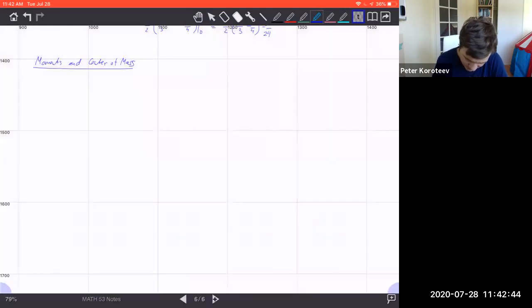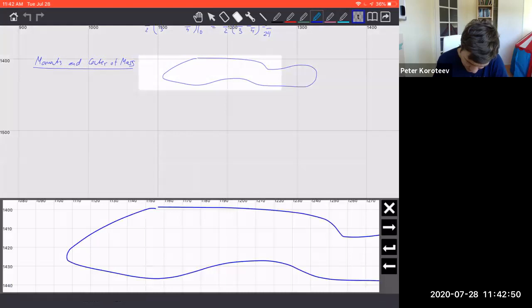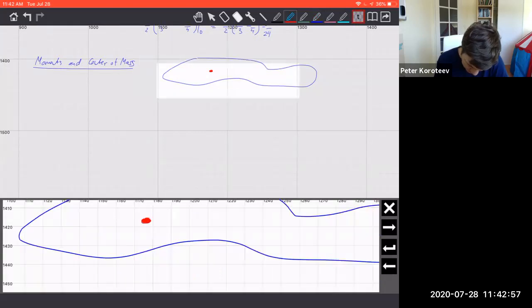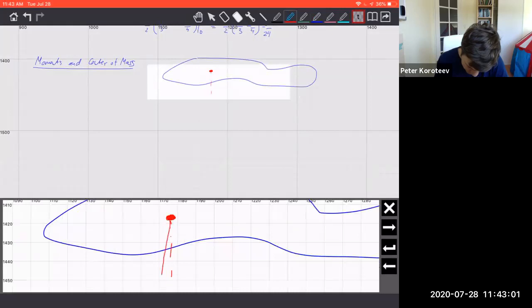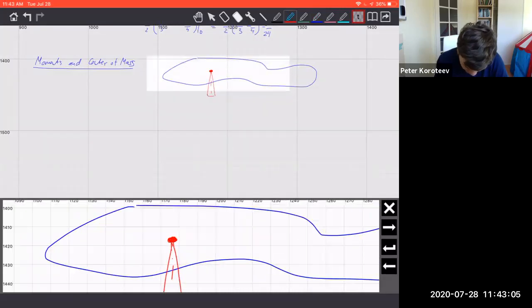Again, let's think of some two-dimensional shape, which sort of lives in a plane, and then a center of mass is a point. So you can kind of tip it. You can rest the whole body on a needle, which is pointed towards the center of mass.